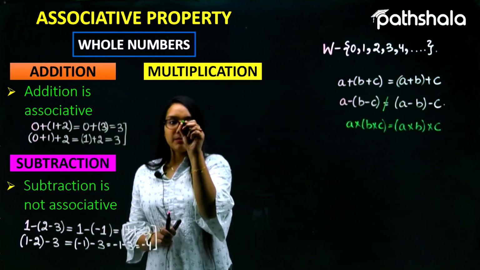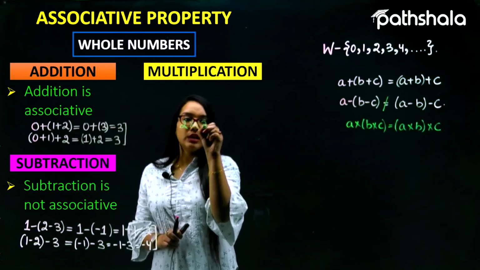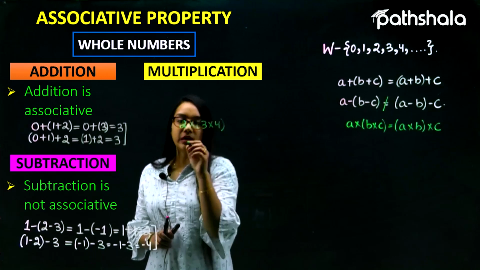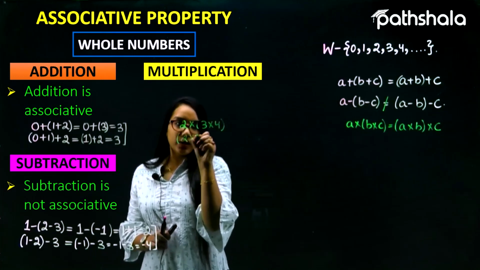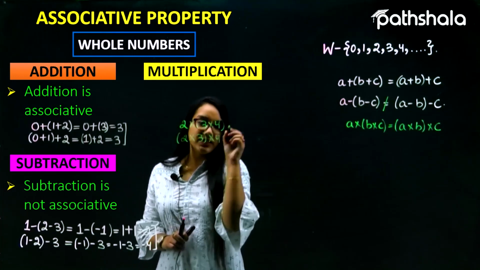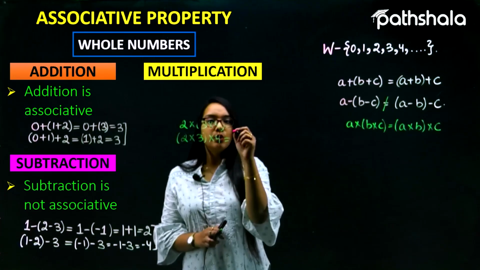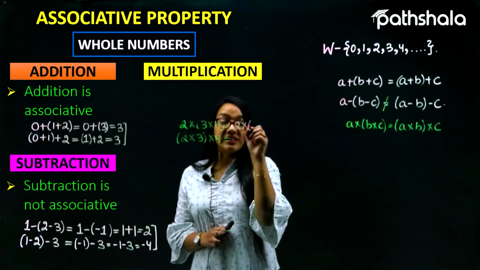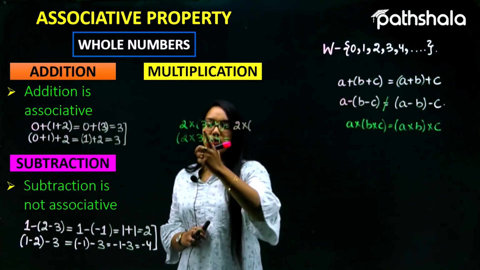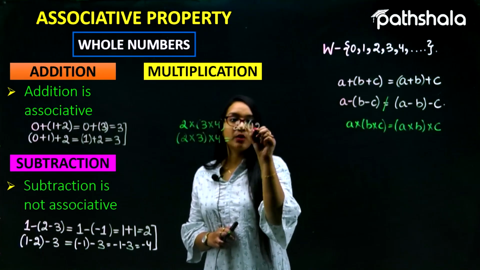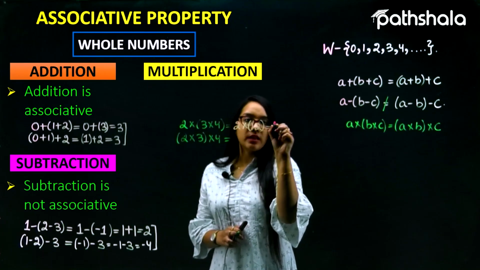So if I'm multiplying 2 into (3 into 4) in this manner, or if I'm multiplying (2 into 3) into 4 in this manner, the answer of the first one, when we solve this bracket, will be 3 into 4, which is nothing but 12. So 12 into 2 is nothing but 24.